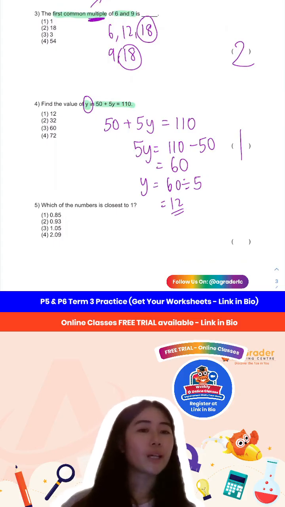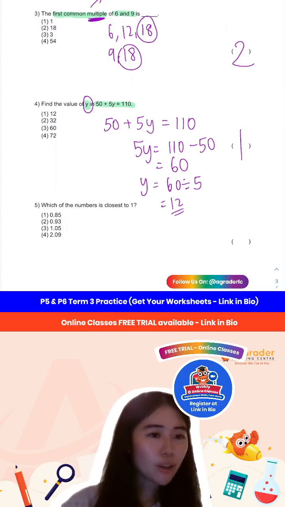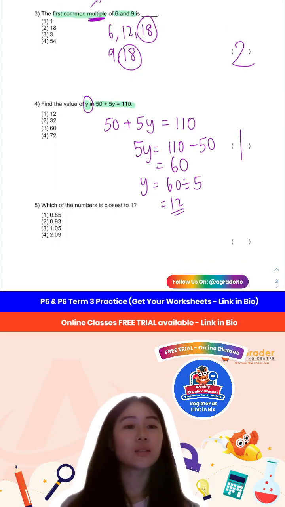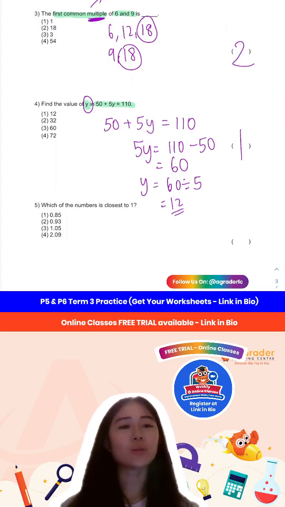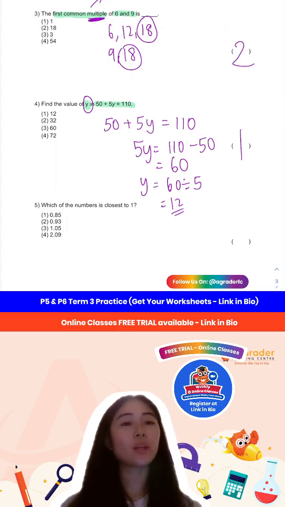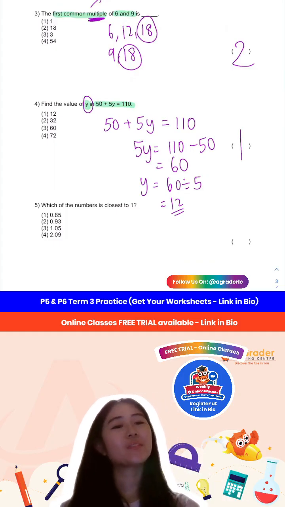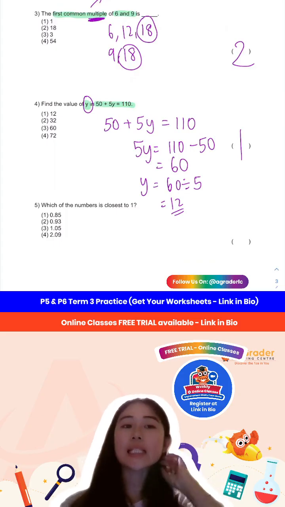Okay, let me look at your comments. I don't see the math paper when I download the PDF in Google Drive. I know some of you were saying that you don't see the math paper for today's live, but some of you managed to download it beforehand. That's very odd. Nugget, yes, algebra, you will learn it in P6.